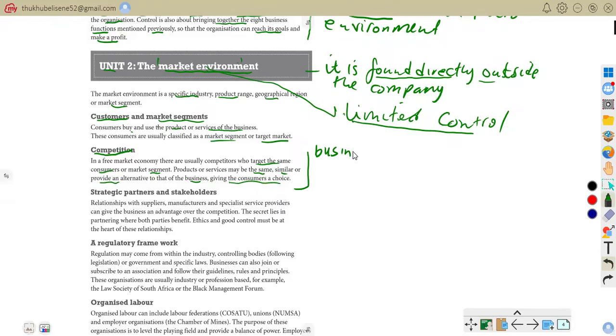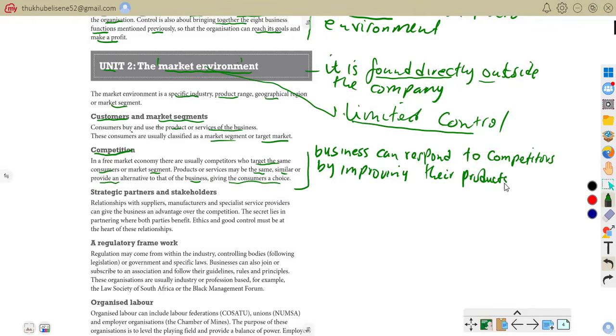Business can respond to competitors by improving their products or offering better services.